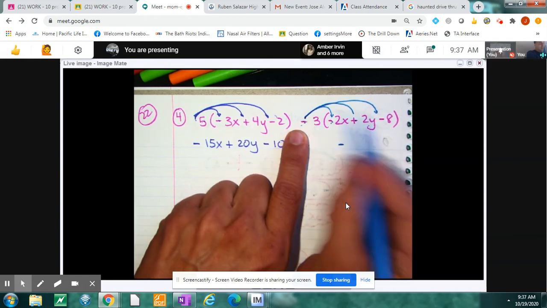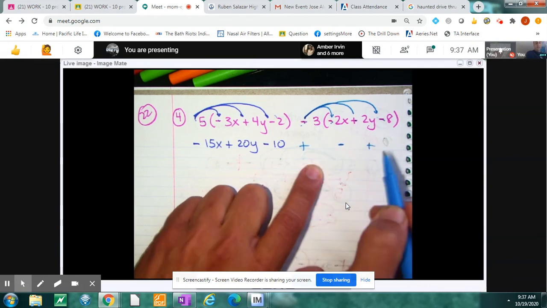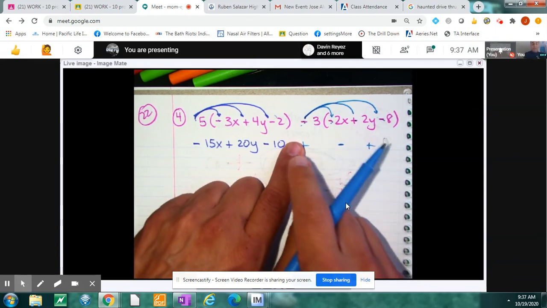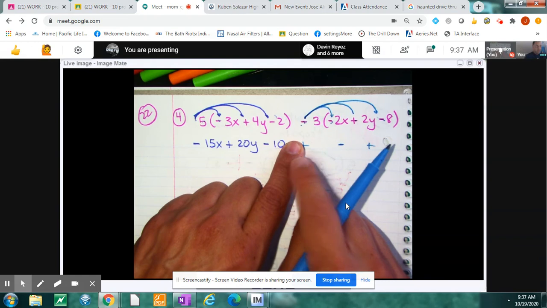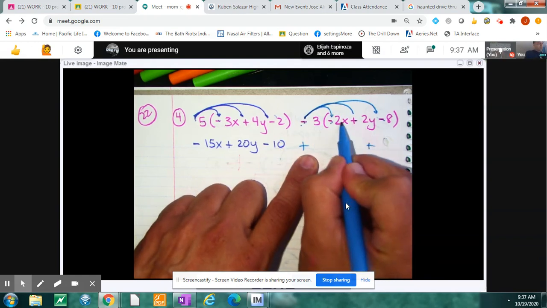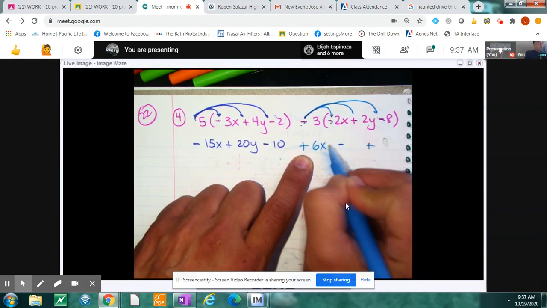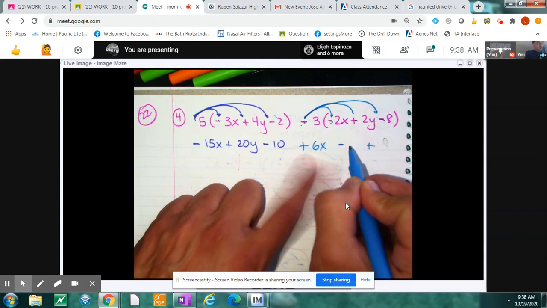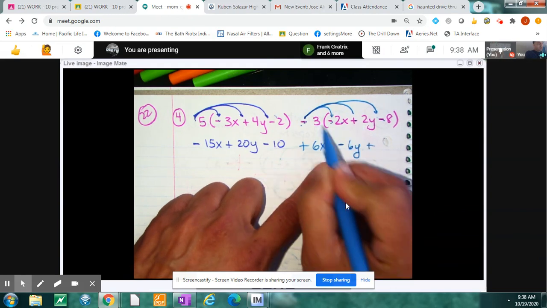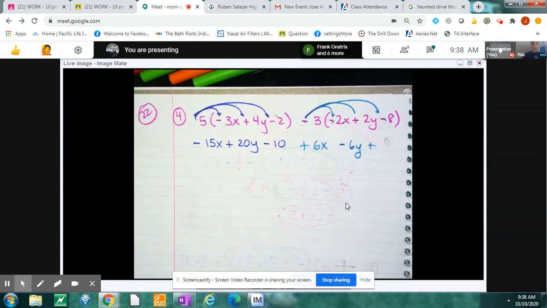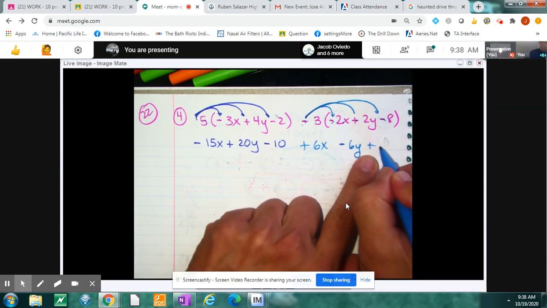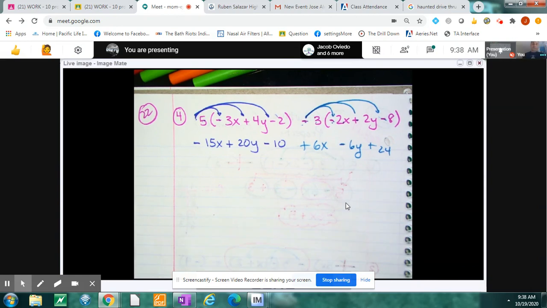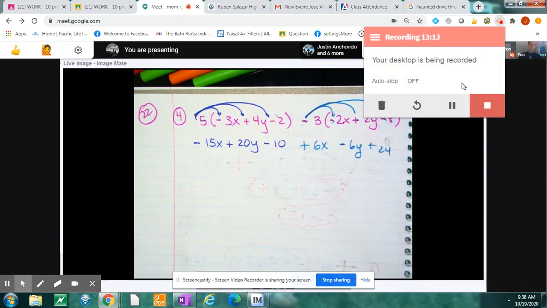And then negative times negative is positive. Whenever you multiply by a negative, it always changes the sign. So now 3 times 2x, 6x. 3 times 2y, 6y. And 3 times 8, anybody? 3 times 8, 24. All right, so go ahead and write that real quick. 24, 24.